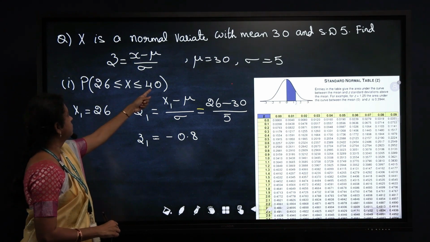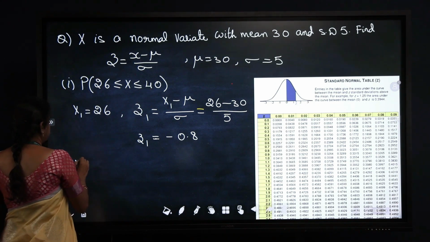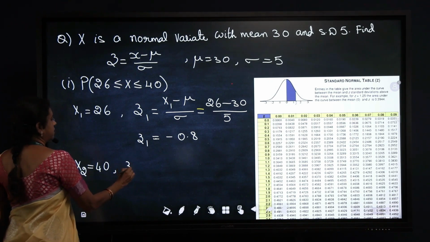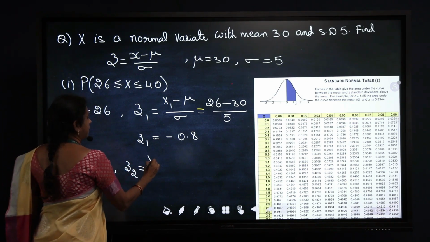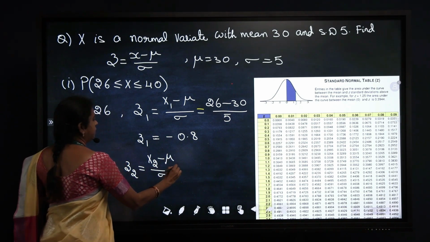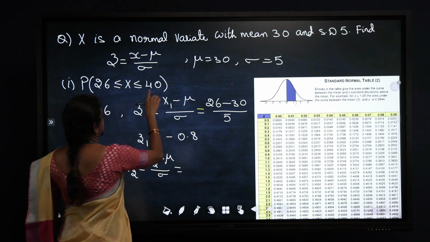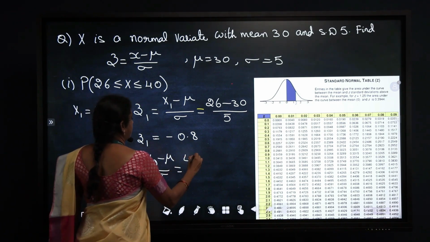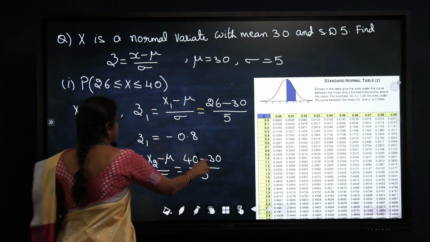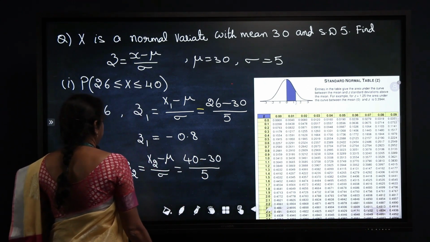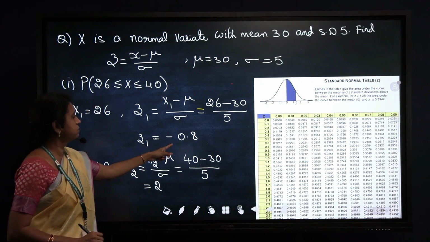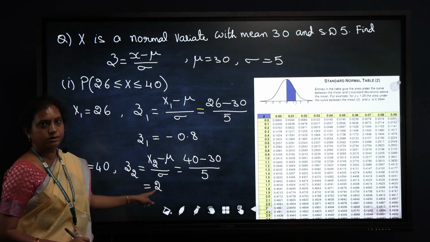Correspondingly, we'll find out z2 value for 40. So x2 is equal to 40 and z2 is equal to x2 minus mu by sigma, which is 40 minus 30 by 5, that is 10 by 5, which will be equal to 2. So z1 value is minus 0.8 and z2 value is equal to 2.